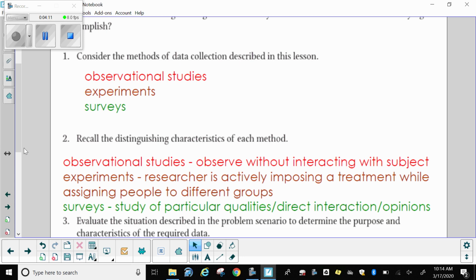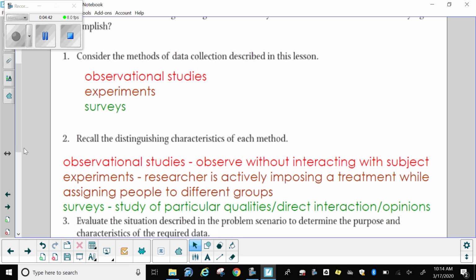In an experiment, you pretend that you are the researcher and you're actively imposing a treatment while assigning this to different groups of subjects. It doesn't necessarily have to be people. Maybe we want to do an experiment on different types of bird seeds. Then our subjects would be the birds that we use. Remember, with experiments, we should really have just one changing variable.